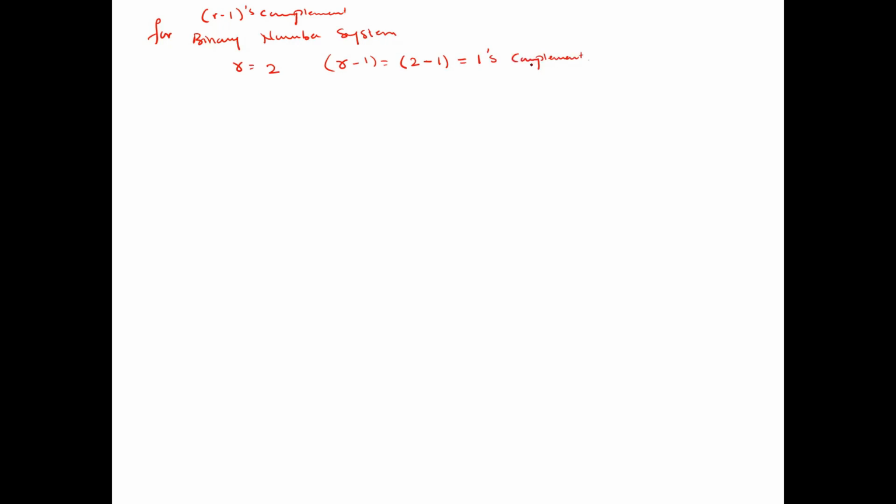Now what is 1's complement? It is R minus 1's complement. 1's complement we will get from this relation. Similarly, R minus 1's complement for the decimal number system, we used to call it 9's complement. Similarly, for the octal number system, we call it 7's complement.